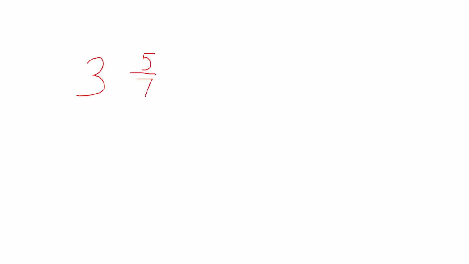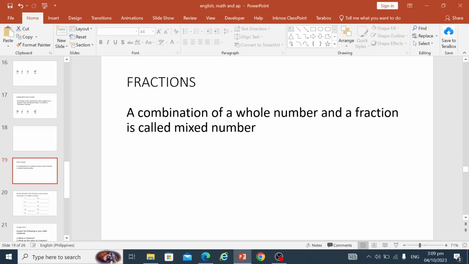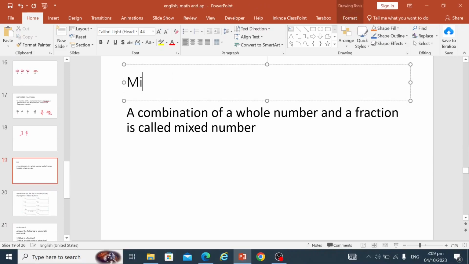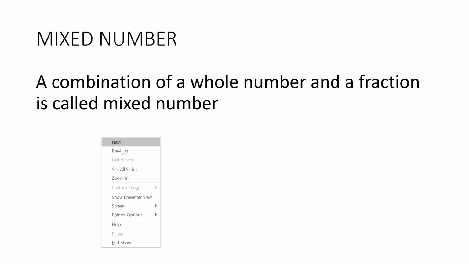What do you notice about these numbers? They combine a whole number and a fraction, and that's what we call a mixed number. Let's write it down: mixed number. A mixed number is a combination of a whole number and a fraction.